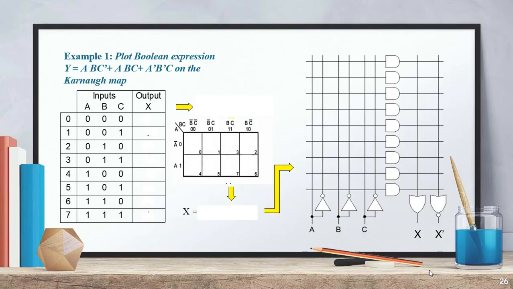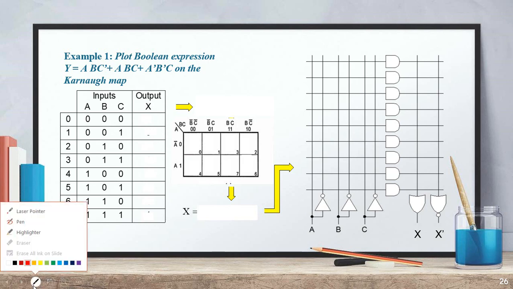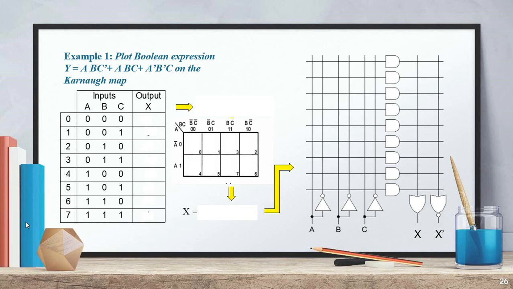In the first example, plot the Boolean expression Y equals ABC bar plus ABC plus A bar B bar C. The template I have already taken. In this template, first we have to make the truth table.